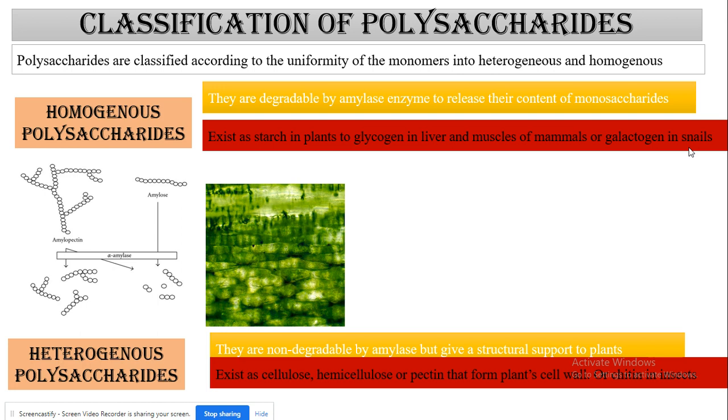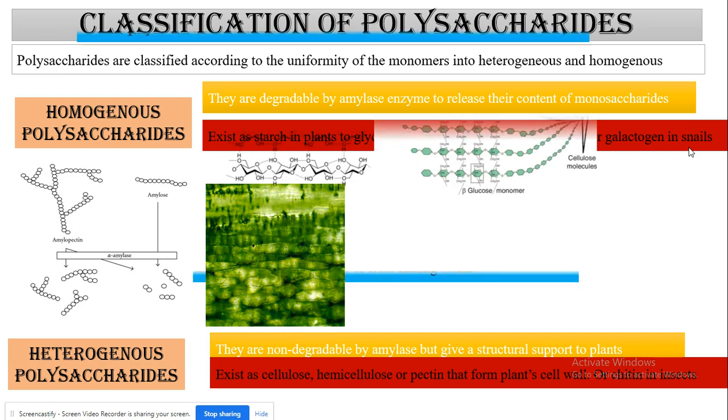Heterogeneous polysaccharides are not degradable by amylase enzyme, and mostly they give structural support. Examples are cellulose and hemicellulose. Alginate also gives us structural support.